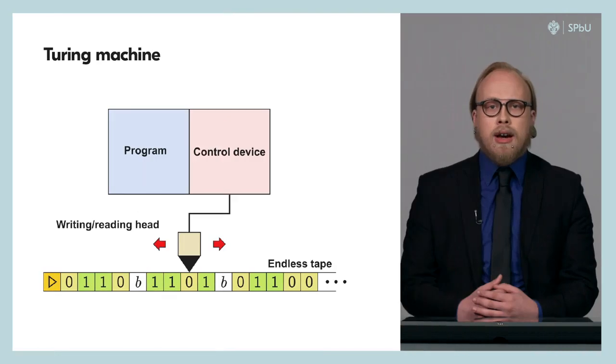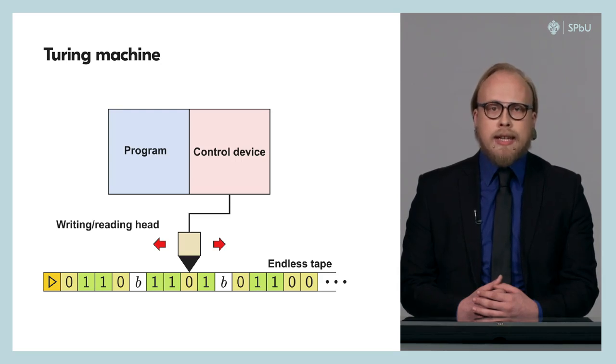The slide you see now shows a schematic of a Turing machine. It consists of a control device that plays the role of the microprocessor. It controls the position and state of the head. The head reads and writes information on the endless tape, which is divided into cells and plays the role of memory.